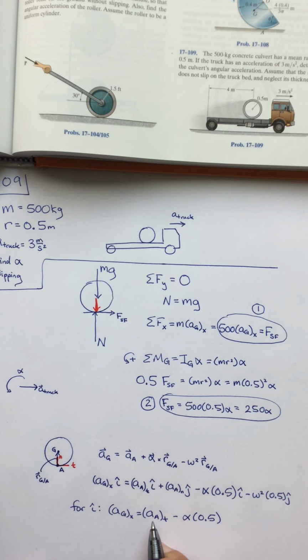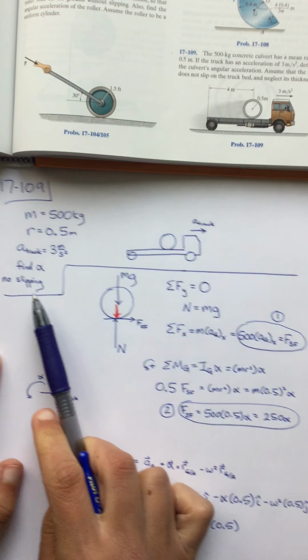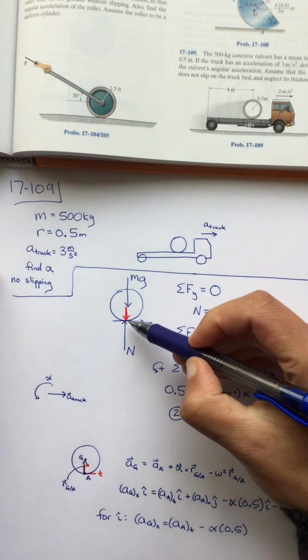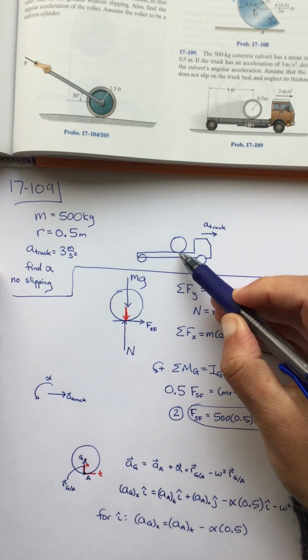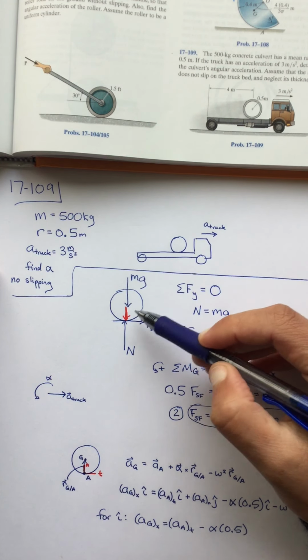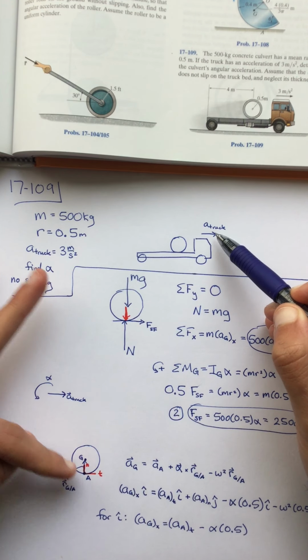So now I just have to figure out what this is. Well, we are told that the culvert is rolling without slipping, so that means this point A at this instant in time is not moving relative to the truck, so the acceleration of point A in the tangential direction must be the acceleration of the truck.